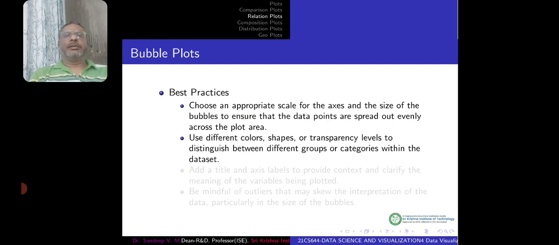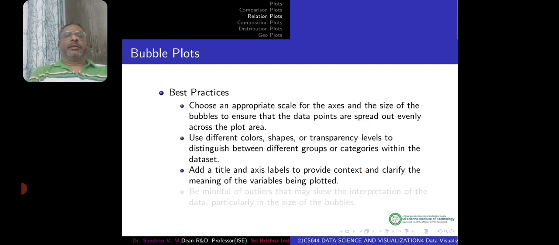One feature x-axis, second feature y-axis, third feature size of the bubble, fourth feature can be color, fifth feature can be shape, and so on. That way multiple features can be included here. Out of which the x, y, and size are usually for continuous data, while color and shape have to be used for categorical data.